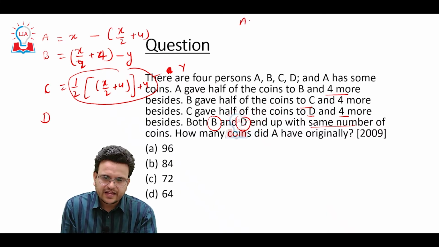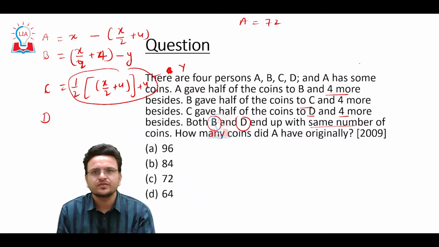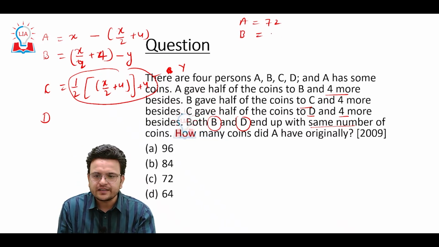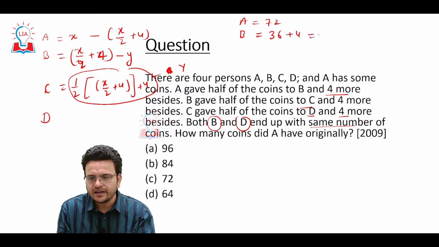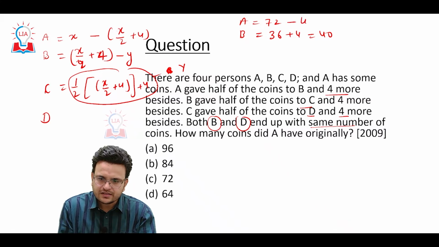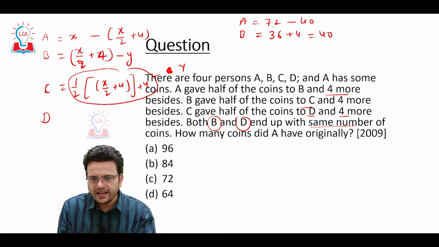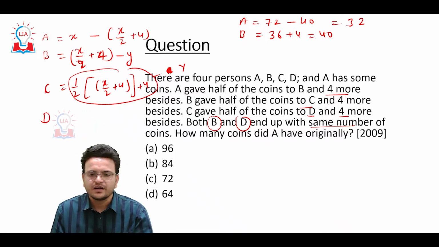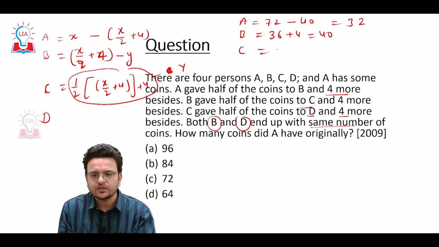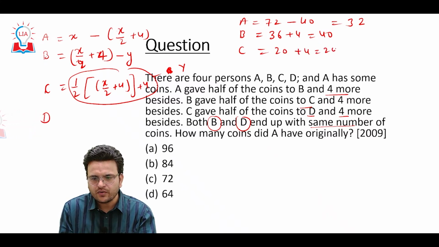Consider A has 72. A has given to B half, that is 36 plus 4, it is 40. Now A has 32 coins. B has given to C half of 40, 20 plus 4, 24.